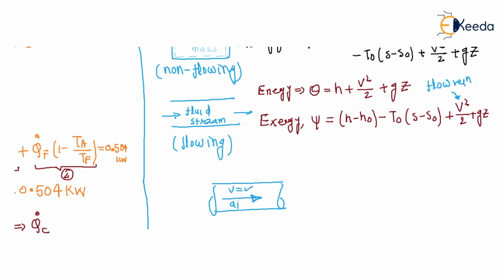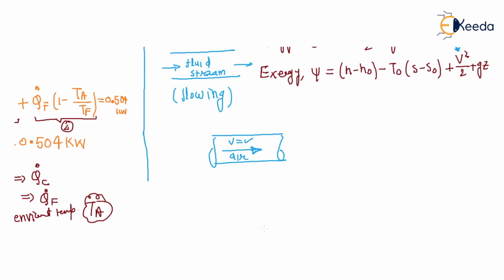The air flows at pressure P equal to 5 bar, temperature 500 Kelvin, and velocity of the flow 50 meter per second. This is the condition for flowing air.